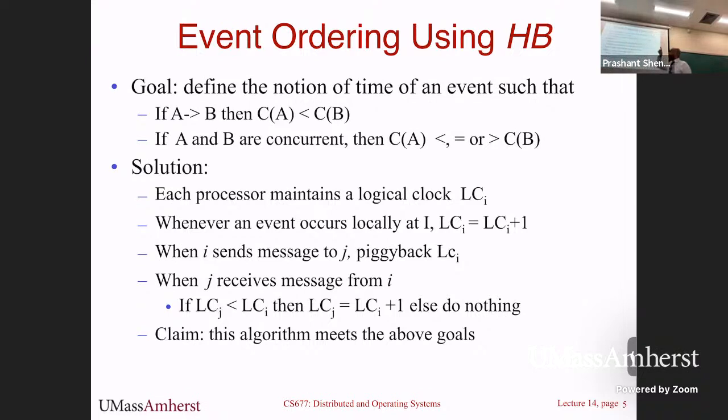Furthermore, if A and B are concurrent events, which means there's no ordering, then we don't care about the time. The timestamp can be less than, equal to, or greater than. So for the happened-before relationship between two events, we want the timestamps to be in that order. If A has happened before B, the timestamp of A should be less. How do we do it?